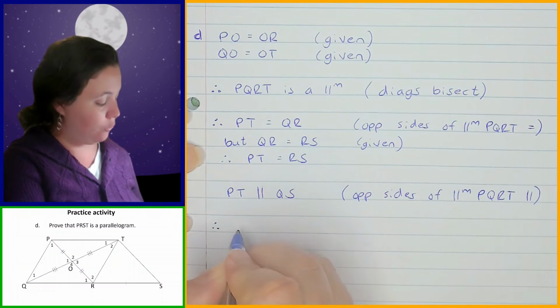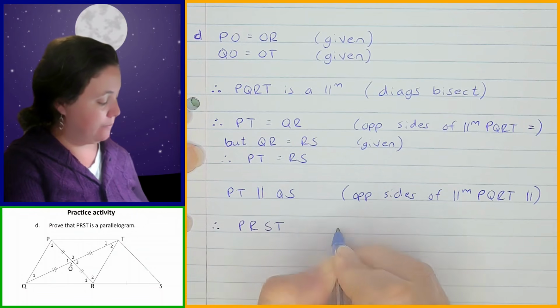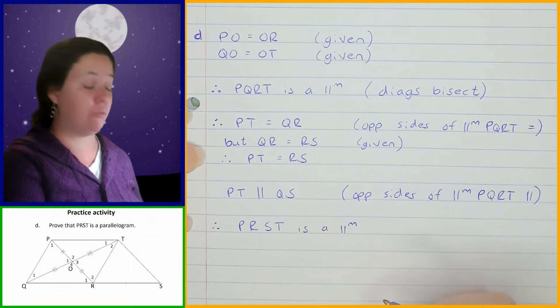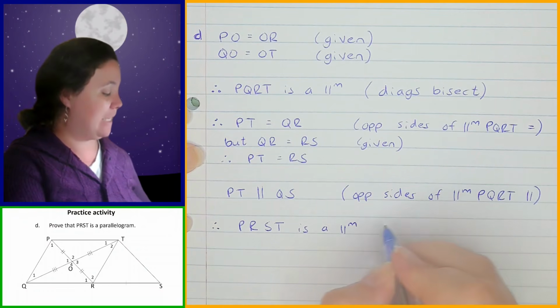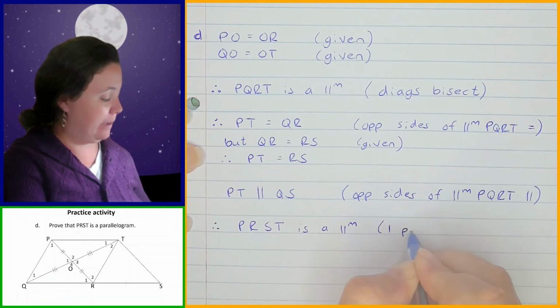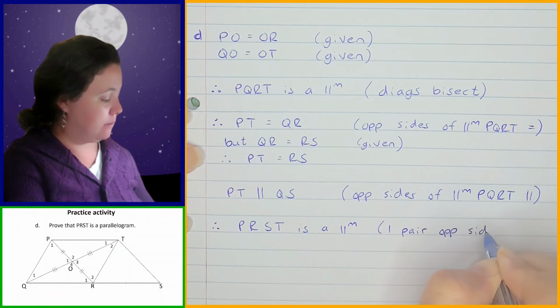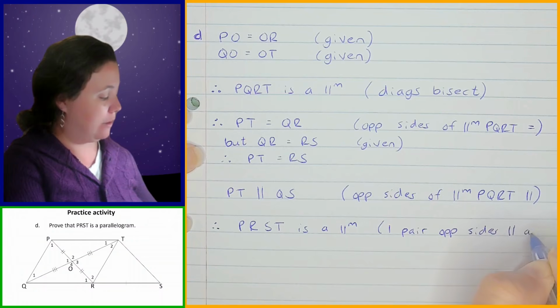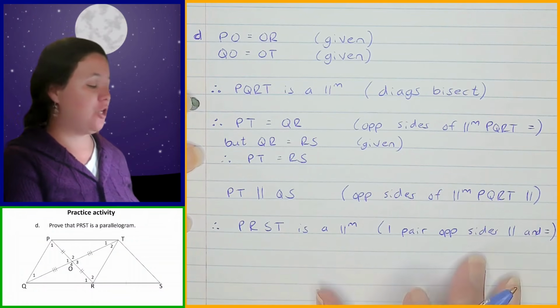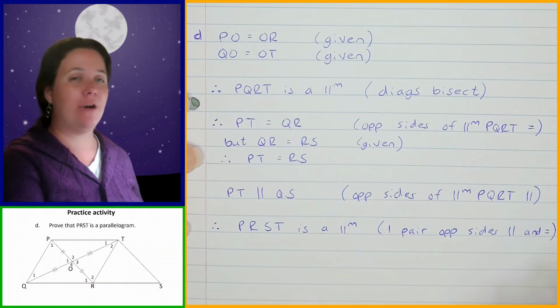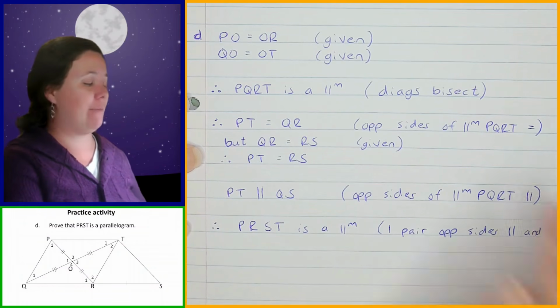So I can say, therefore, PRST is a parallelogram, which is what I was asked to prove. And the reason I can say that is because there is one pair of opposite sides parallel and equal. And that's how you prove that PRST is a parallelogram in that example.